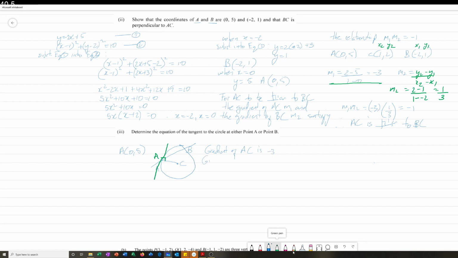Then the gradient of the tangent at A is equal to a third. How did I get that? Because they are 90 degrees. Because this gradient multiplied by a third must give me minus 1. So that's this formula that we use there.